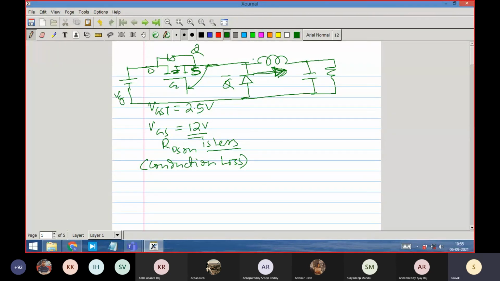It has to come down with a slope. I am not saying the inductor current can never be zero. It can be zero, but it cannot be discontinued sharply, like in a square manner. You cannot reduce the inductor current in this manner. If you want to reduce the inductor current, reduce it with a slope and then bring it to zero.